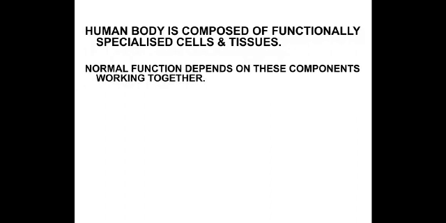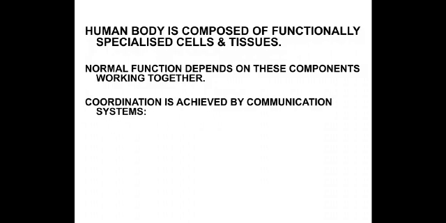So the human body is composed of functionally specialized cells and tissues. As you all know, the two drivers of the body are the endocrine system and the nervous system. In the nervous system, the action is very rapid, whereas in the endocrine system it is slow and steady. The normal function depends on these components working together in a very coordinated way.